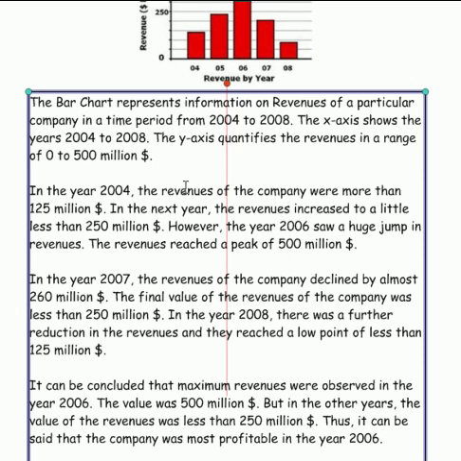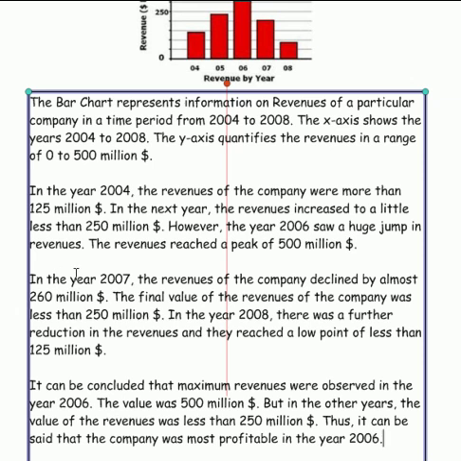So here revenues is correct. The revenues are more than $125 million, and the next year the revenues increased to a little less than $250 million. However, the year 2006 saw a huge jump in revenues. The revenues reached a peak of $500 million.